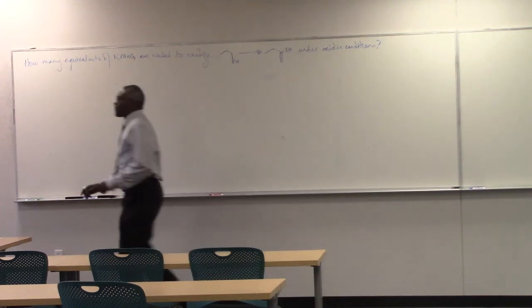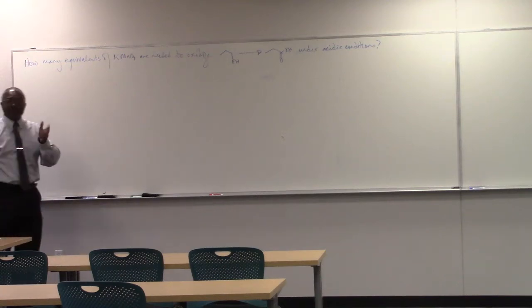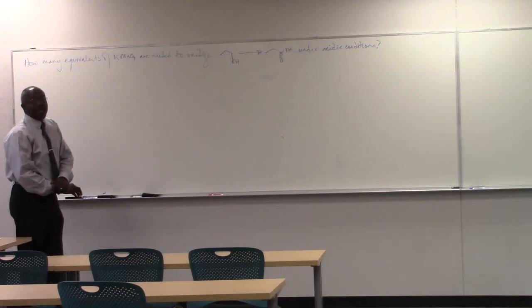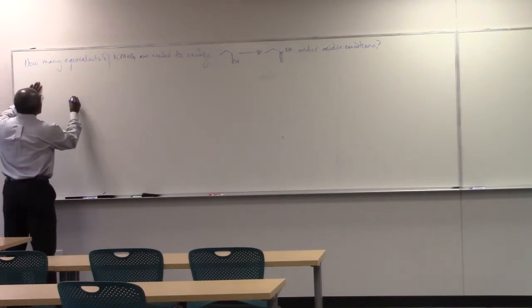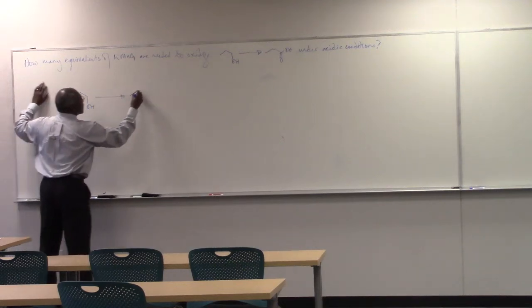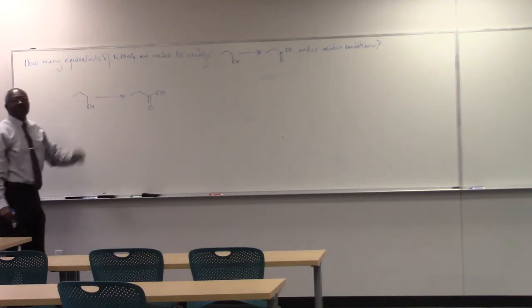Okie dokie. So what this is essentially taking inventory of electrons, doing electron count. So what is the chemistry happening when we are taking this organic compound and we are converting it into this organic compound?